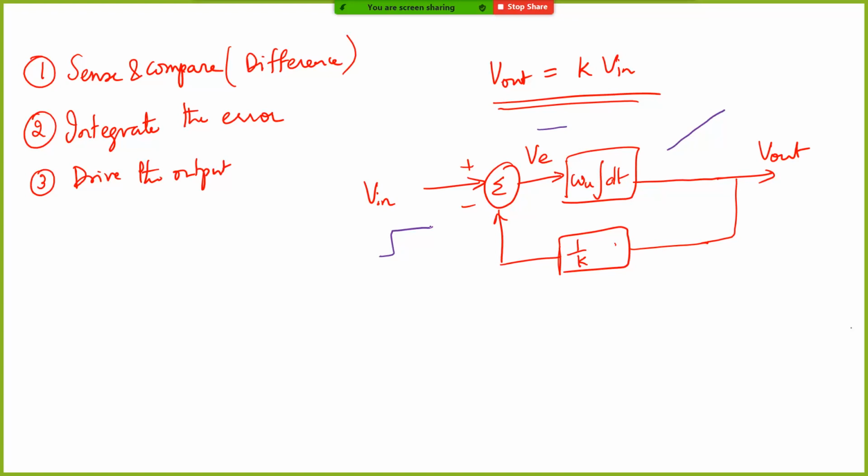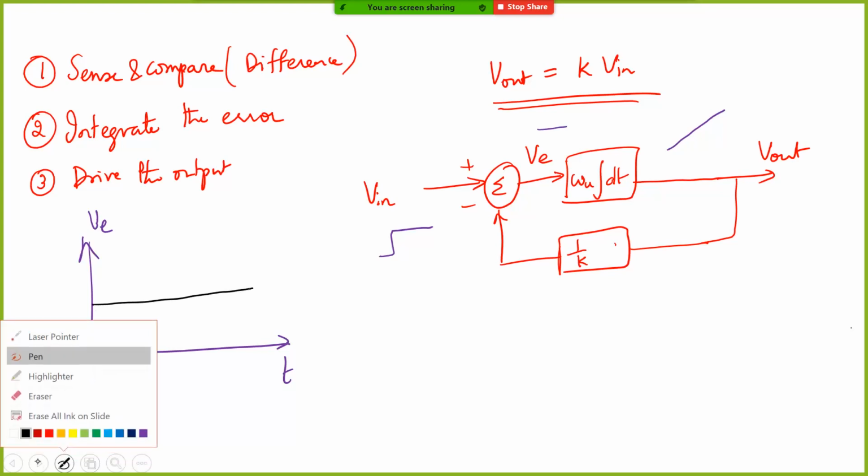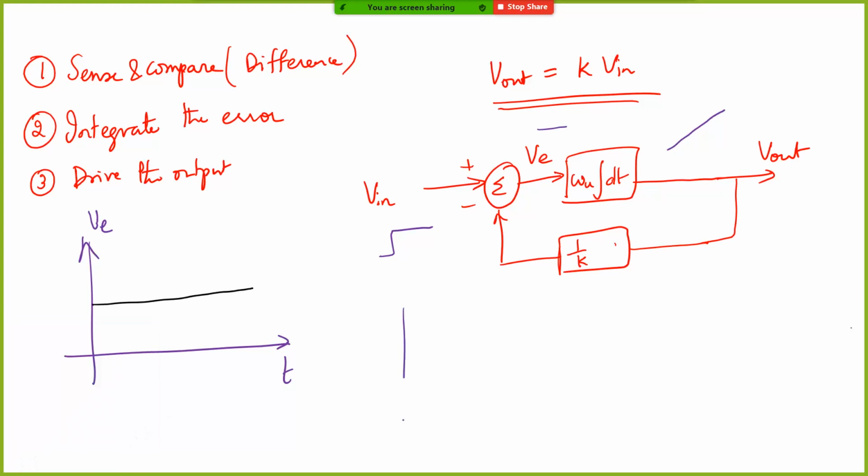Now the error is large here, okay, and initially what will happen to this integrator, basically if you have a constant error, if your error voltage across time is going to be constant like this, what happens to the V out?